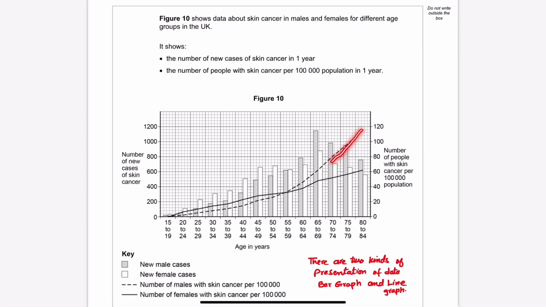The dotted line shows the number of males with skin cancer per 100,000, and the continuous line shows the number of females with skin cancer per 100,000. So there are 2 kinds of representation of the data, by bar graph and line graph. We need to use figure number 10 to answer the rest of the parts of question number 5.